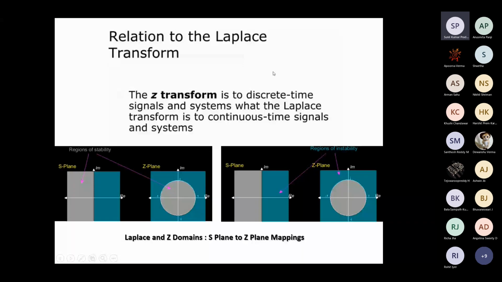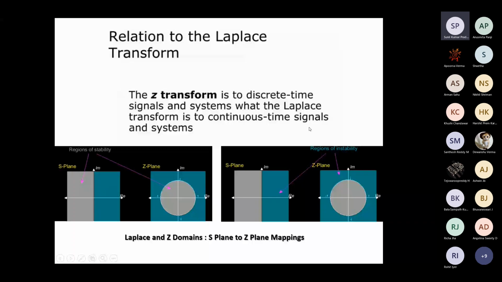This is how we can relate the S plane with the Z plane, and this is the relation between the Laplace transform and the Z transform. The left half of the S plane and the inside of the unit circle give the region of stability, whereas the right half of the S plane and the outside of the unit circle give the region of instability.